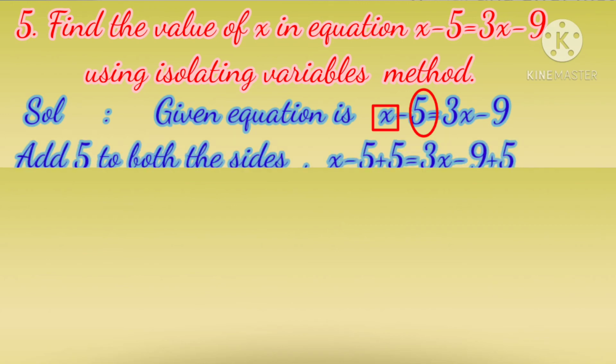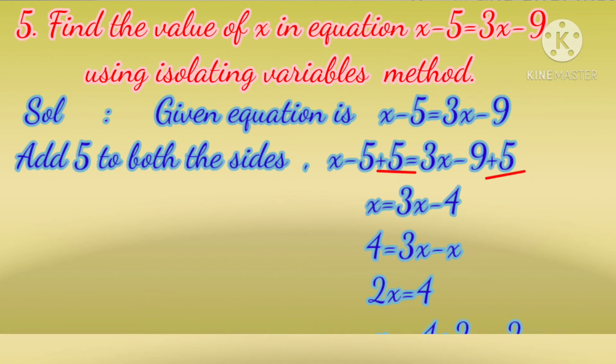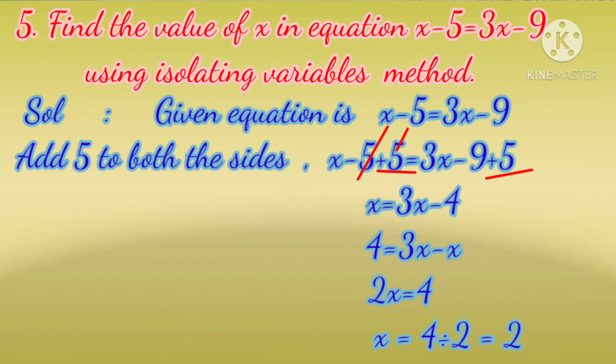So 5 subtracted here, so we will add here 5 again. So x minus 5 plus 5, this will be cancelled out, so here only x is left, and on right hand side 3x minus 9 plus 5. So minus 9 plus 5, that is minus 4. So x is equal to 3x minus 4.